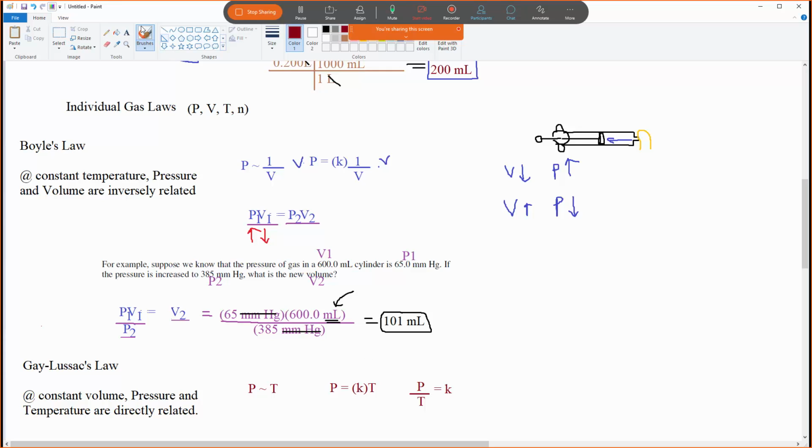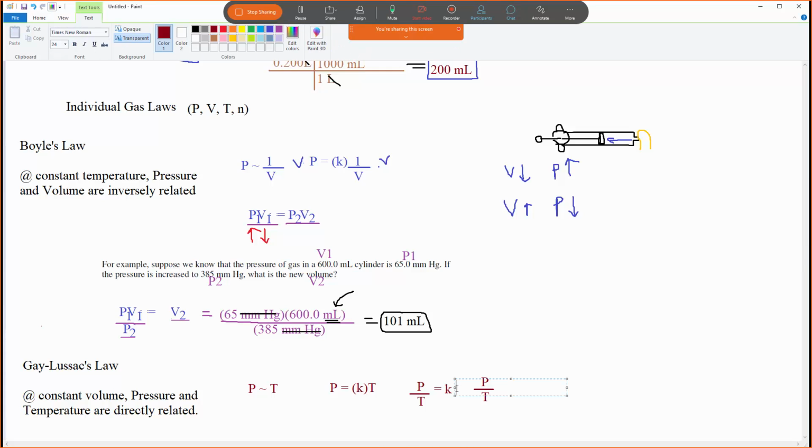And since that will always be constant, then my P and T in my initial conditions are going to equal my P and T in my final conditions, like this.